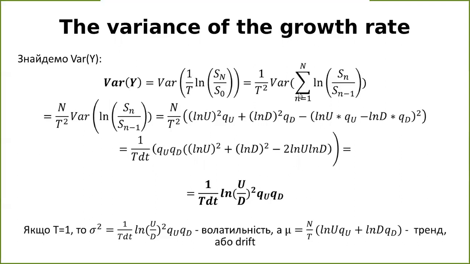And after that, the variance of a sum equals the sum of variances, because we assumed that these values are independent. And for every n the terms are equal, so we compute only for any n and multiply it by capital N.